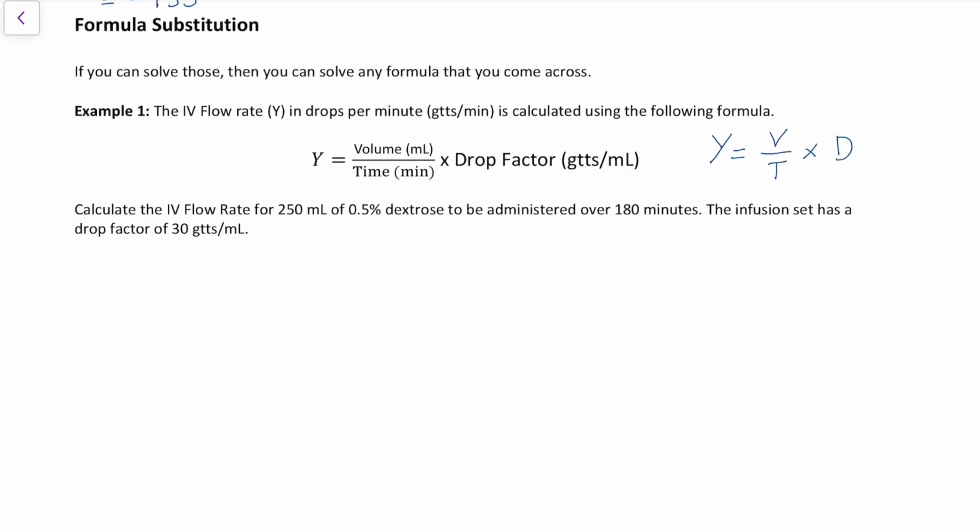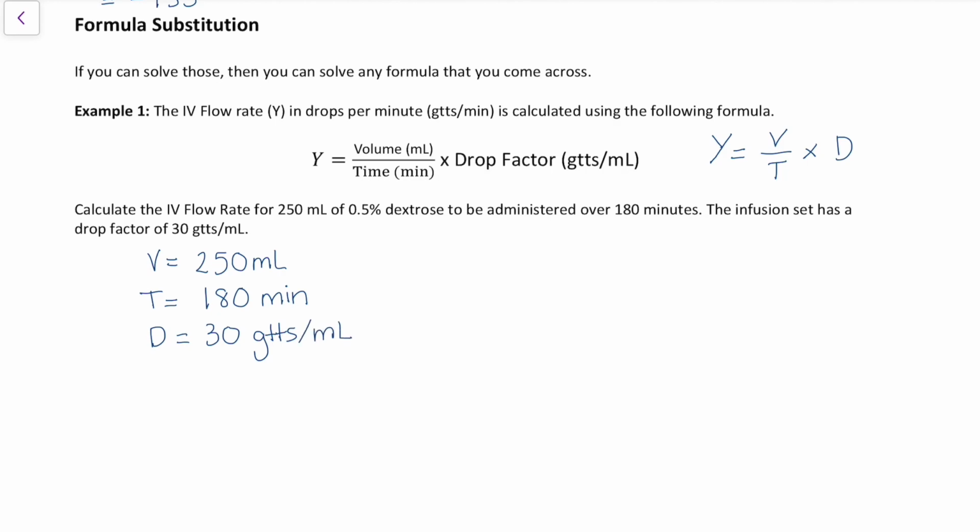So let's look at what we know. Well, we know that the volume, or our V, is 250 milliliters. We know that our time is 180 minutes. And our drop factor is 30 drops per milliliter.